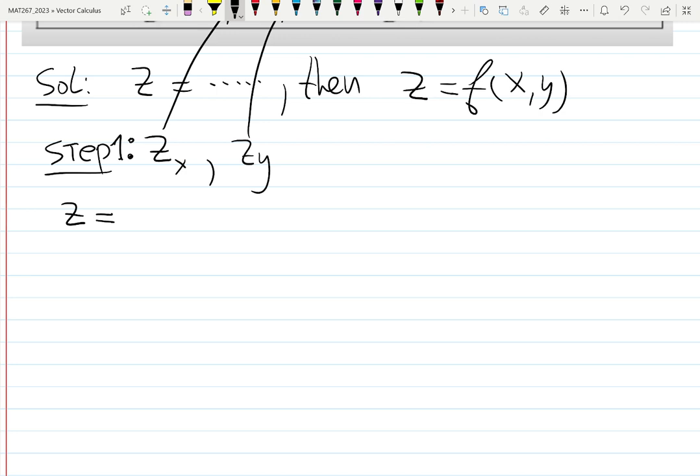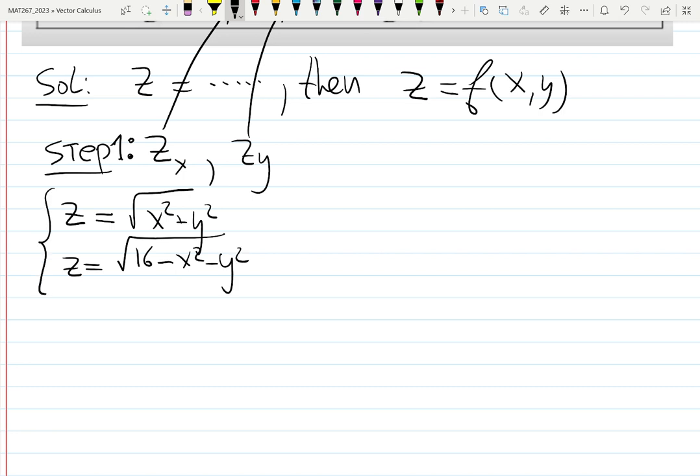Z equals the square root of x squared plus y squared. Z equals the square root of 16 minus x squared minus y squared. Here they are together.